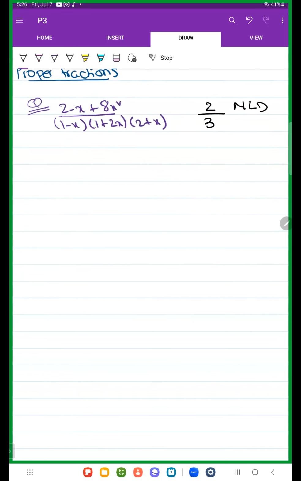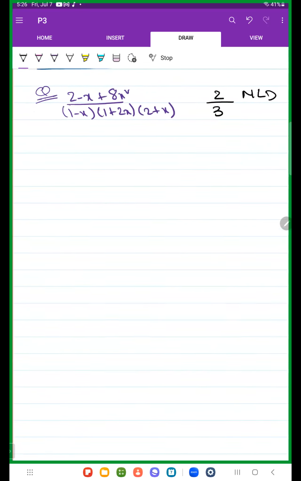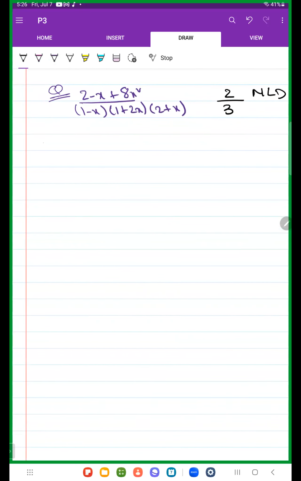Now how do we go about this? Remember the first case we discussed of linear fractions? That is how we will solve this question. We need to express (2 minus x plus 8x squared) upon (1 minus x)(1 plus 2x)(2 plus x).